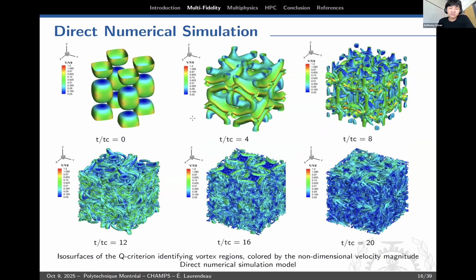And so basically this shows that the DNS here is able to predict that breakdown from an organized flow to a homogeneous isotropic state. And so all of these simulations show that LES and DNS are models that are capable of capturing the onset, the growth, and the saturation of turbulence, which is not something that the lower fidelity models are able to do.